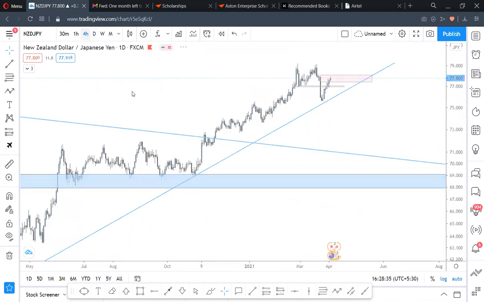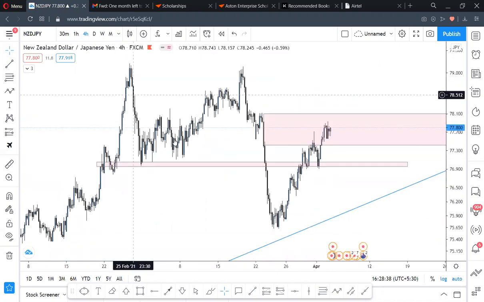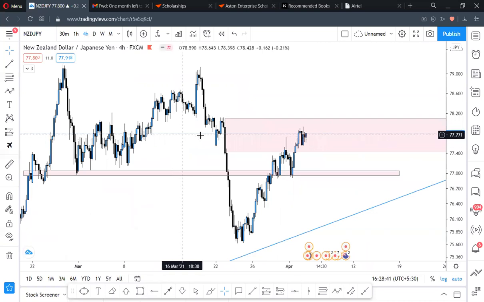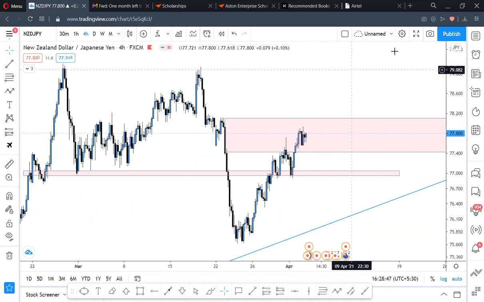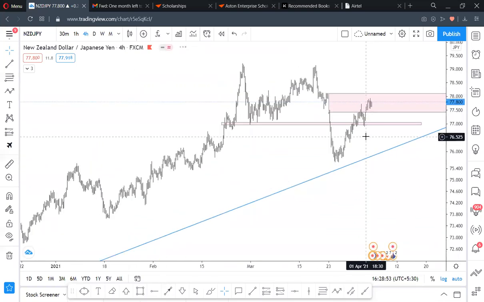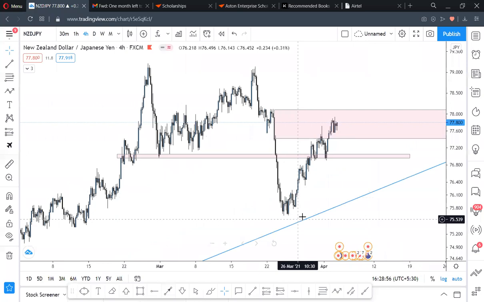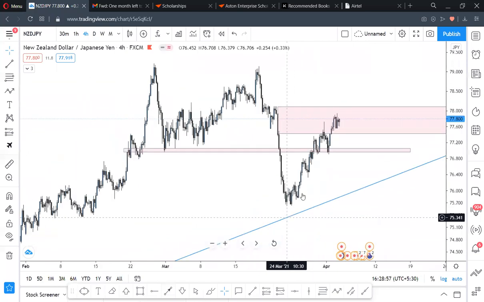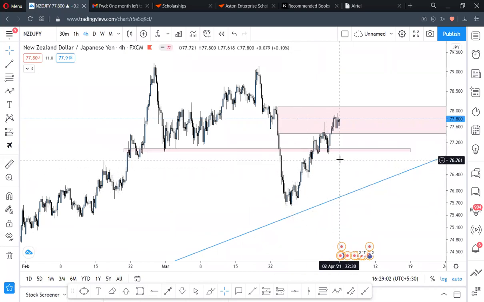But then let's go to the H4 and also see what's happening over there. On the H4, price is within those zones. If they break it strongly above and come and retest it, then we'll look for more buys. But as far as I'm concerned, I'm not really seeing a very strong move like the candles.